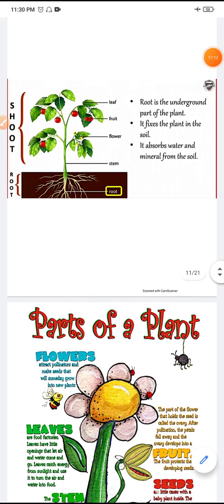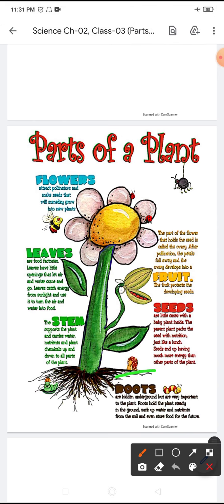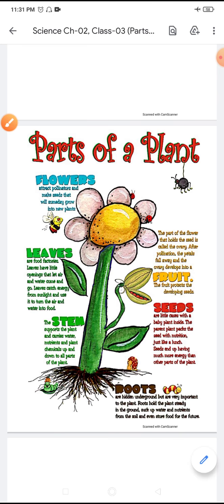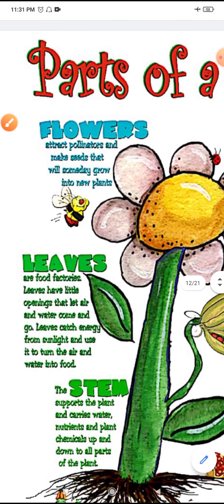Now here you can see parts of plant. Here this is root, stem, leaves, flowers, fruits, and you can see their functions also. See the function of root. If I zoom it, let me zoom first.